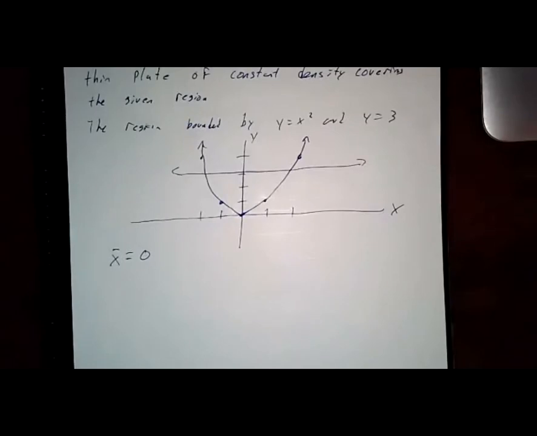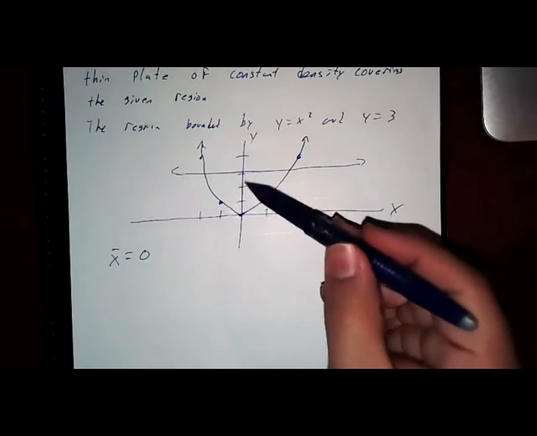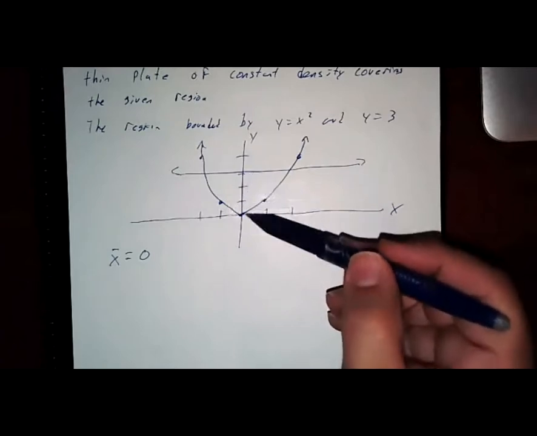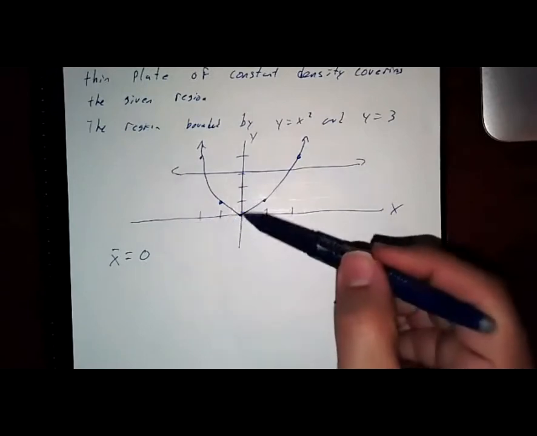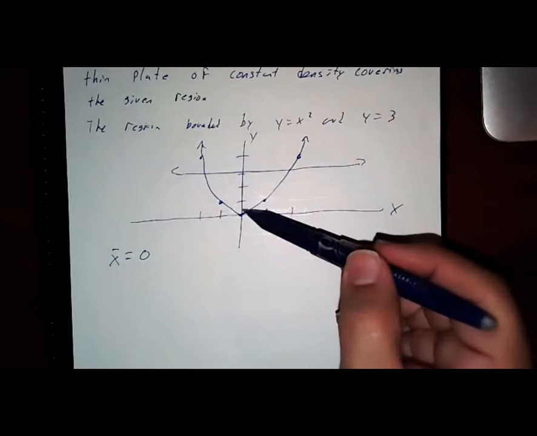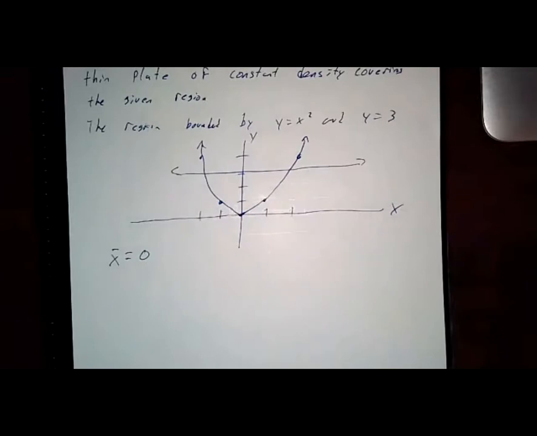You see what I mean? The y bar will require some work, though. It's somewhere on the y-axis, the center of mass of this plate. I know it's 0 on the x, but where on the y? Is it up in the middle? Down here? That needs to be calculated.